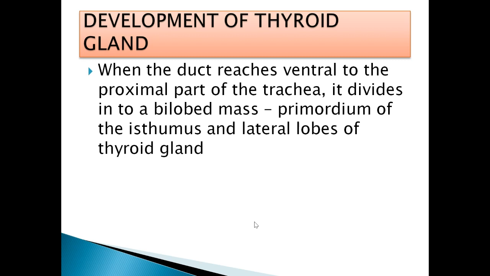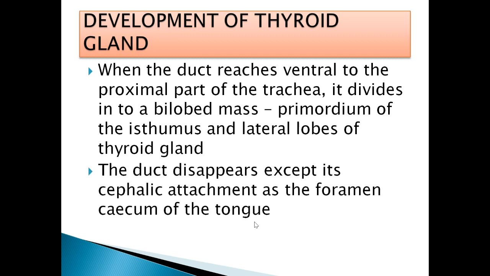It divides into the bilobed mass, which forms the primordium of the isthmus and the lateral lobes of the thyroid gland. Subsequently, the duct will disappear except the cephalic attachment as the foramen cecum of the tongue.